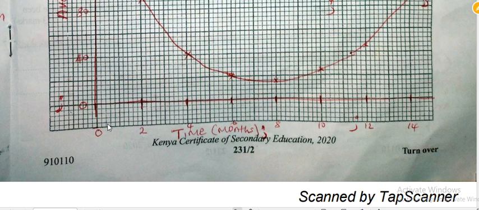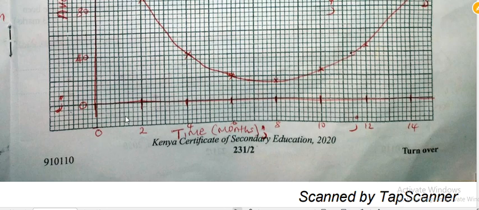And when you look at our scale, 2 months is represented by how many boxes? 1, 2, 3, 4, 5, 6, 7, 8, 9, 10. It means 10 boxes represent 2 months, and it is easier to work with that.